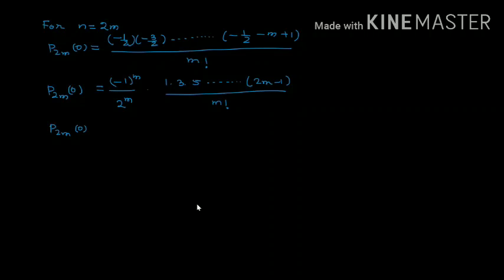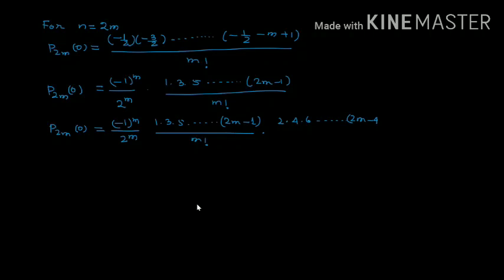P2m of 0 is equal to minus 1 to the power m by 2 to the power m, 1 into 3 into 5 up to 2m minus 1 divided by factorial m into 2 into 4 into 6 up to 2m minus 4 into 2m minus 2 into 2m.